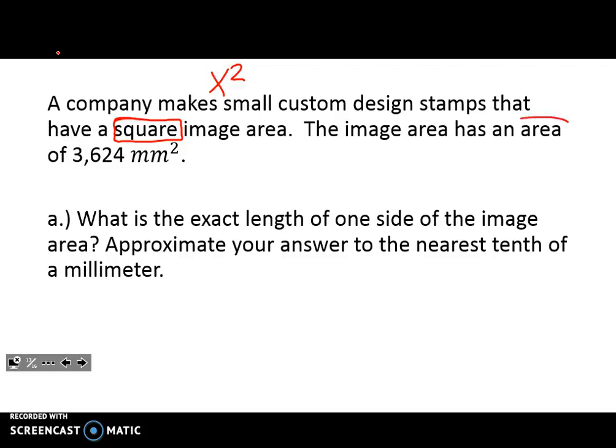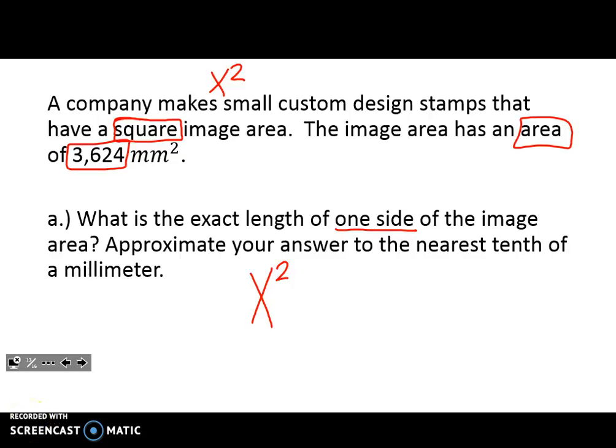They've given us the area. Okay? So to set up our equation so that we find one side length, we're going to take x squared. You can use any variable you want.